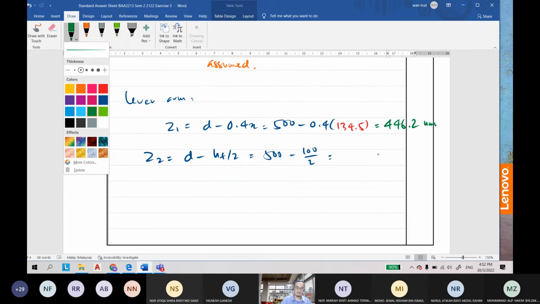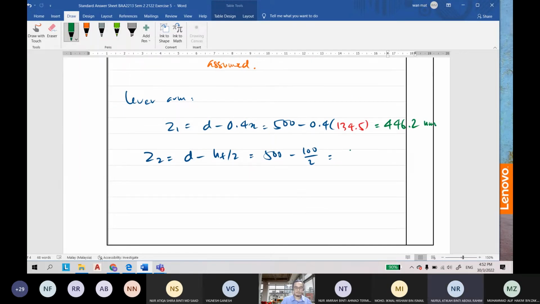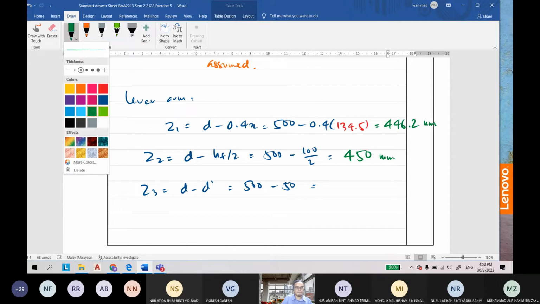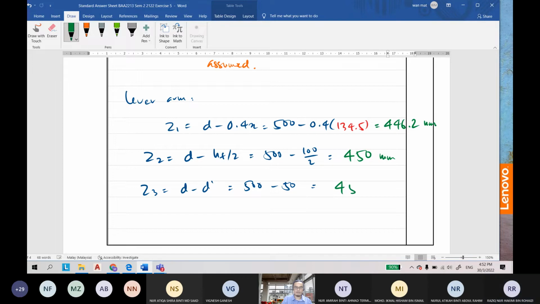What is the answer? 450 millimeter. And how about Z3? Z3 is equal to D minus D prime, equal to 500 minus 50. So the answer? 450 mm. Okay, good.